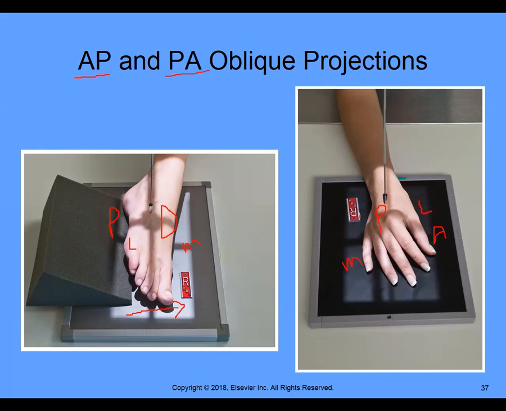So the rotation here is towards the lateral side. So this is a PA oblique. And we say it's a lateral oblique because we're rotating it towards the thumb, right? Or the first digit here.